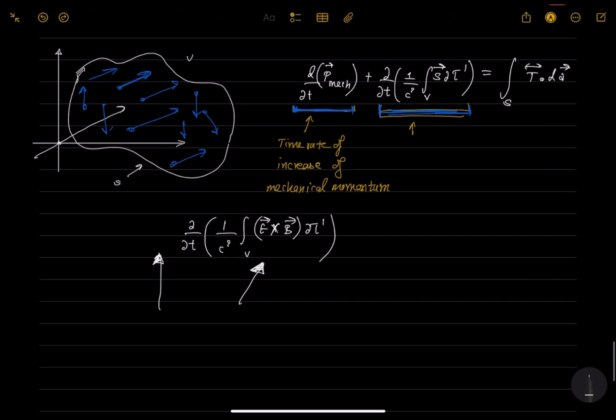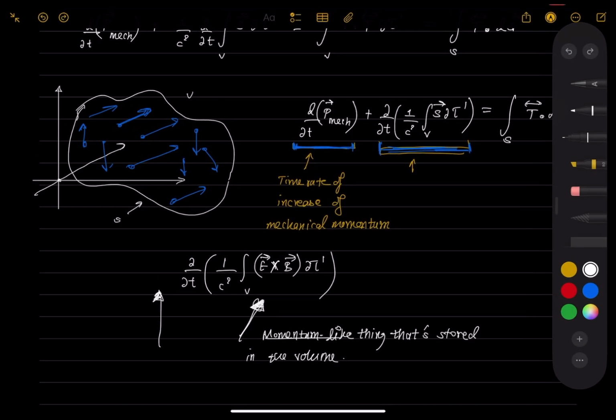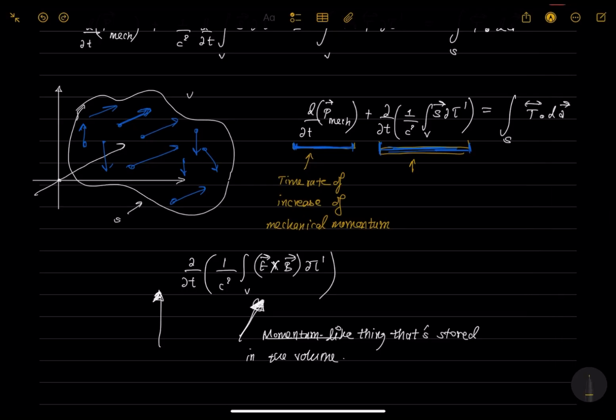So you interpret this as a momentum-like thing that's stored in the volume, right? Which, by the way, changes according to a certain time rate. That's how we interpret this.